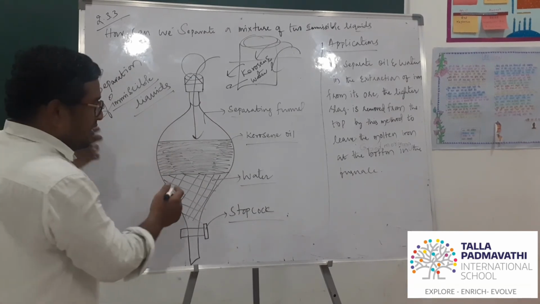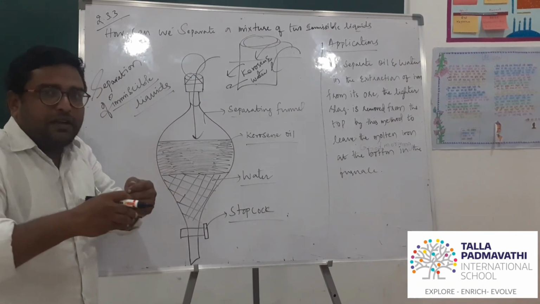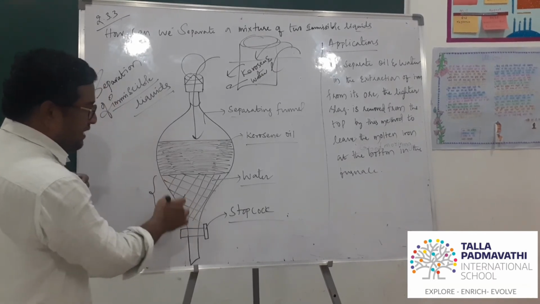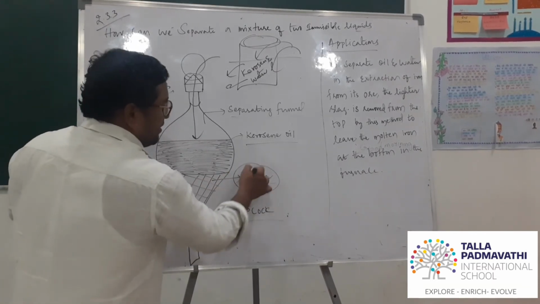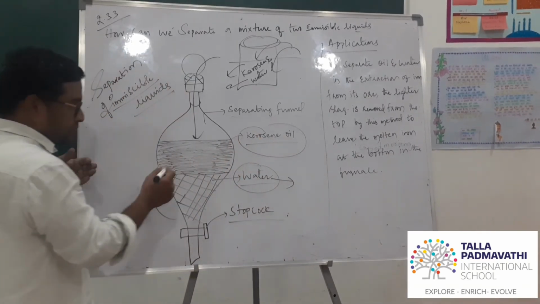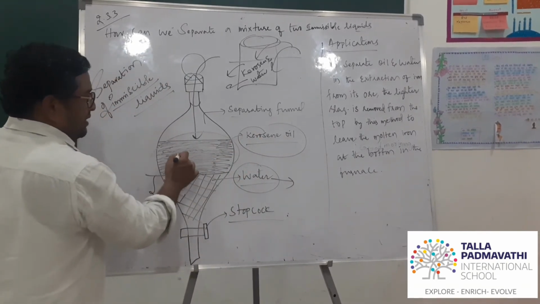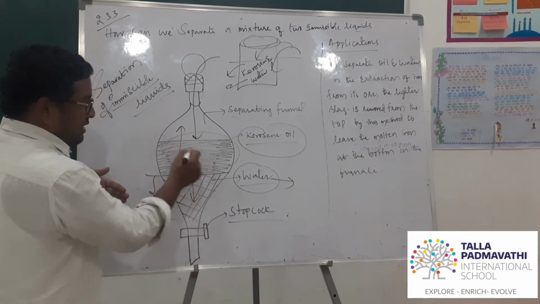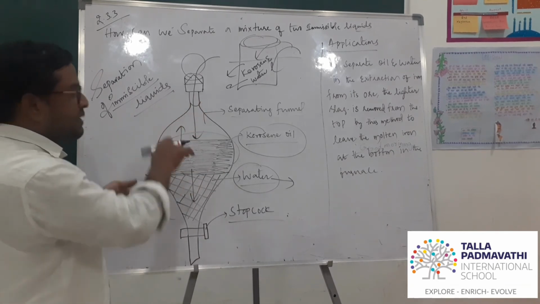In a minute, the water will settle down because water's density is more compared to kerosene. So what happened? The kerosene will settle on the surface of the water and the water will settle at the bottom of the separating funnel.